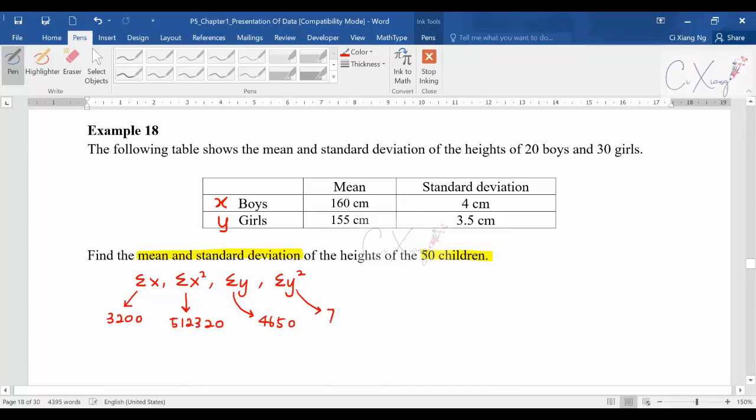Summation of Y square, I have 721,117.5. These are the things you should get first before you continue with the calculation. Then after that, to get the new mean for both groups, you will have 157. And when you look for the new standard deviation, you should get 4.44.